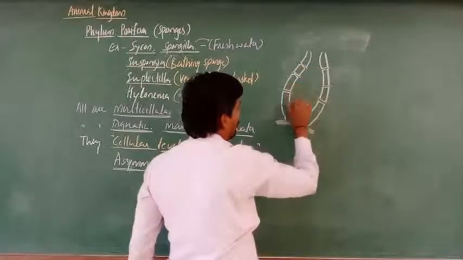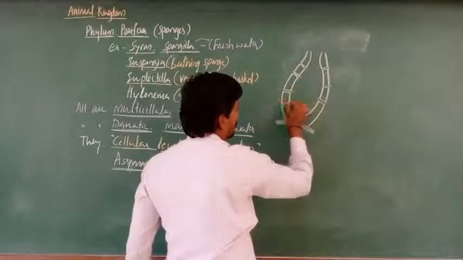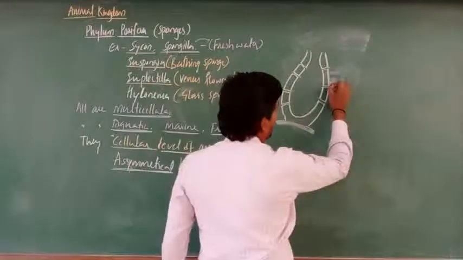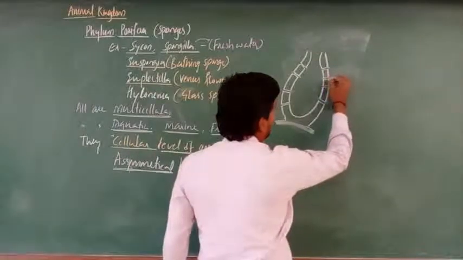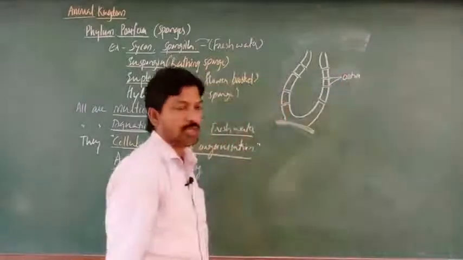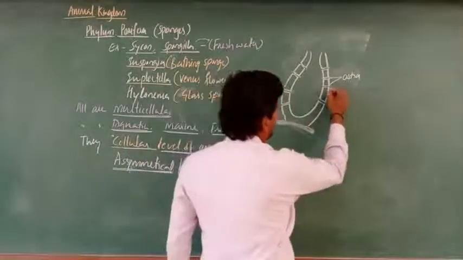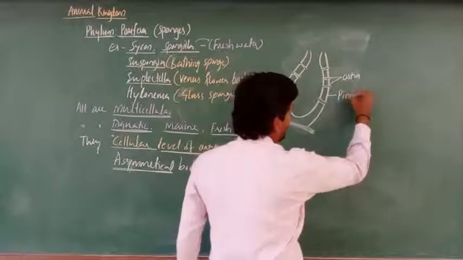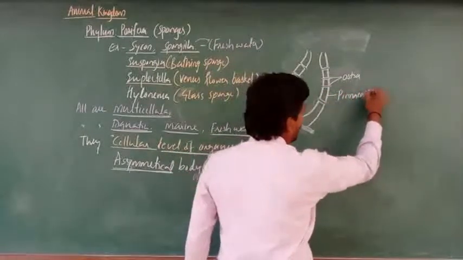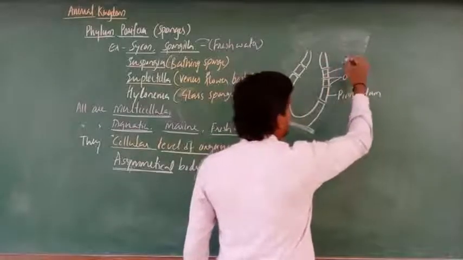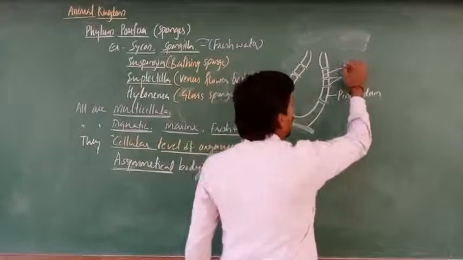These pores are called ostia, and the outer layer is called pinacoderm, and the inner layer is called choanoderm.